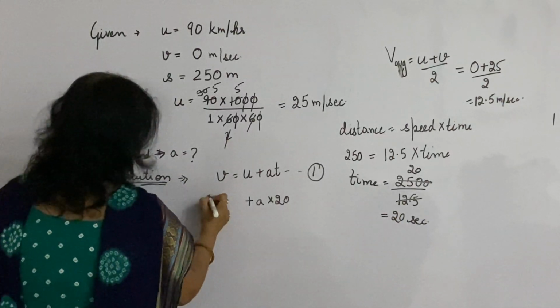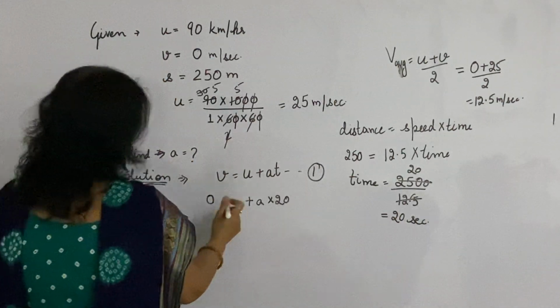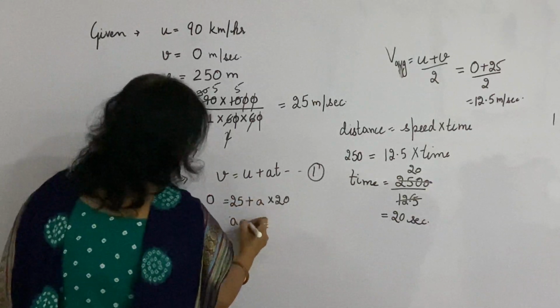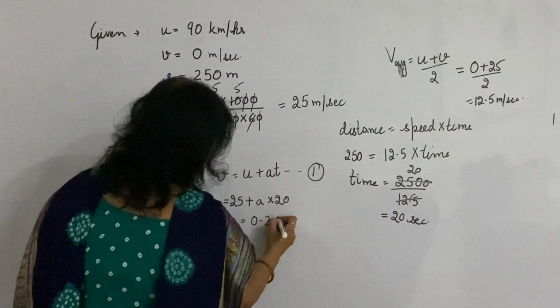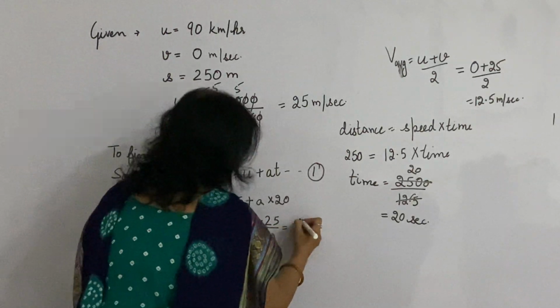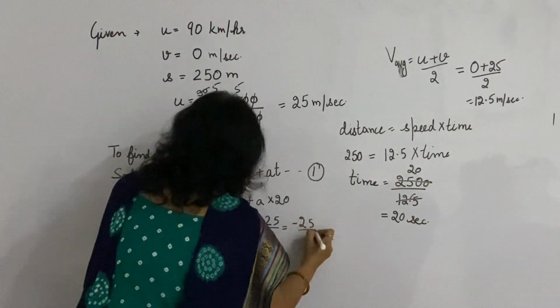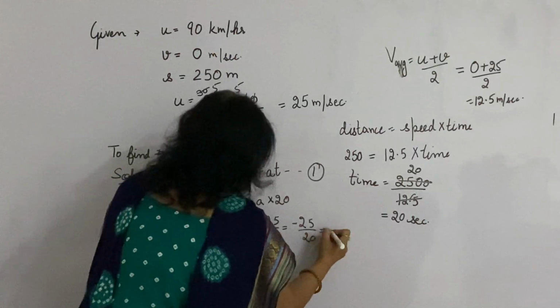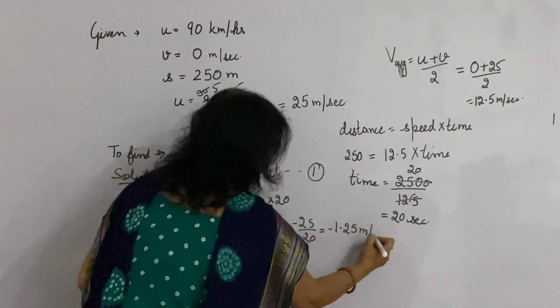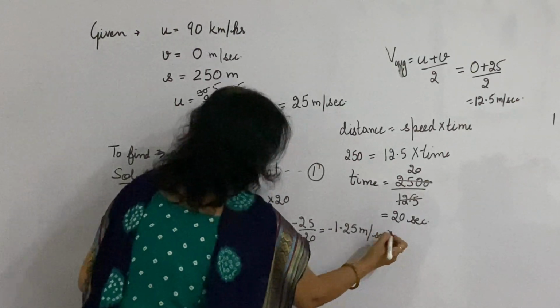So a is 0 minus 25 divided by 20. It comes out to be minus 25 divided by 20, that is minus 1.25 meter per second square.